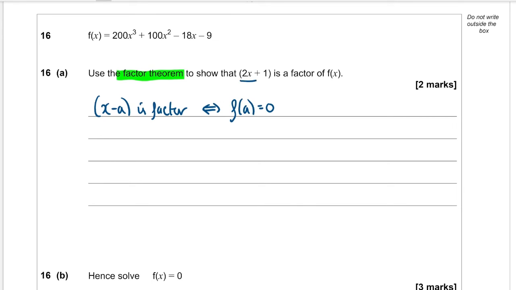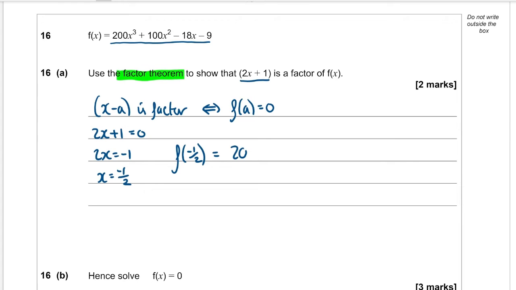So if this is a factor, then if I write 2x plus 1 equals 0, 2x equals minus 1, x equals minus a half, that should solve this function perfectly with no remainders, and it should equal 0. So what I'm going to do is I'm going to sub in minus a half.